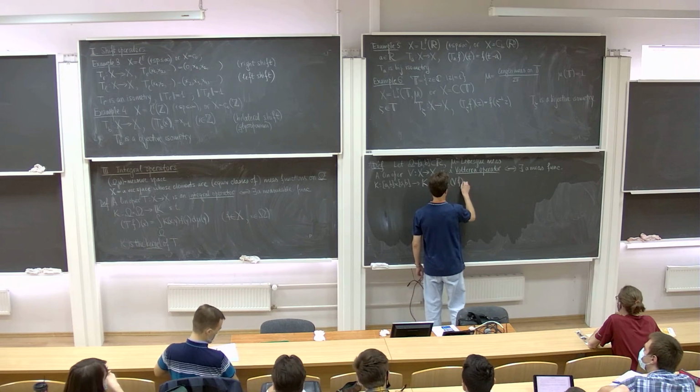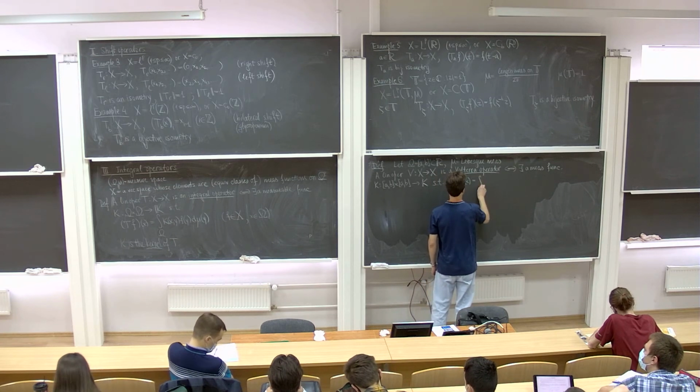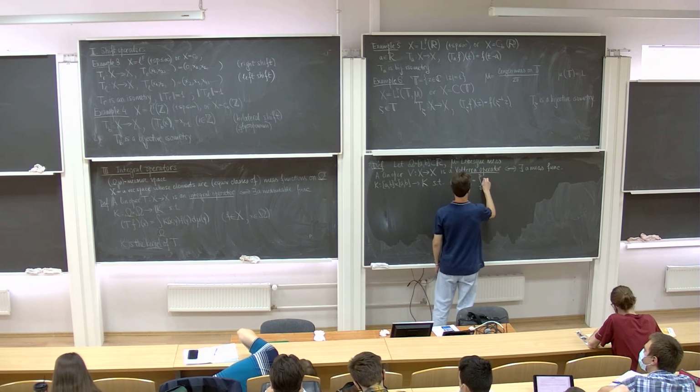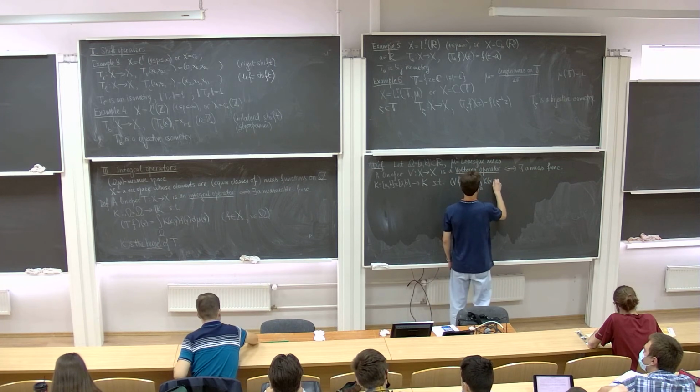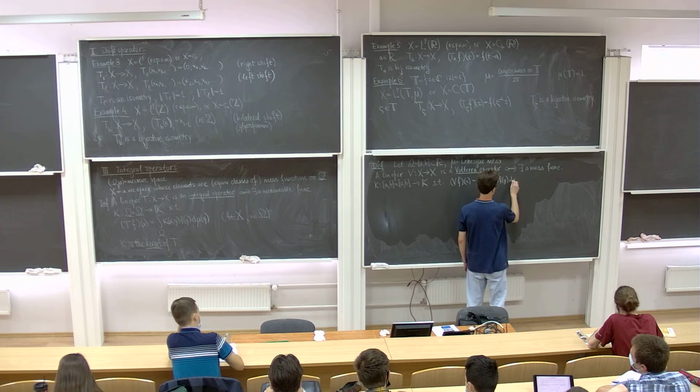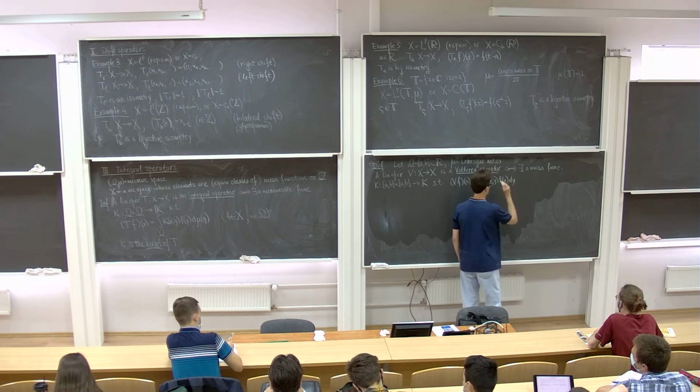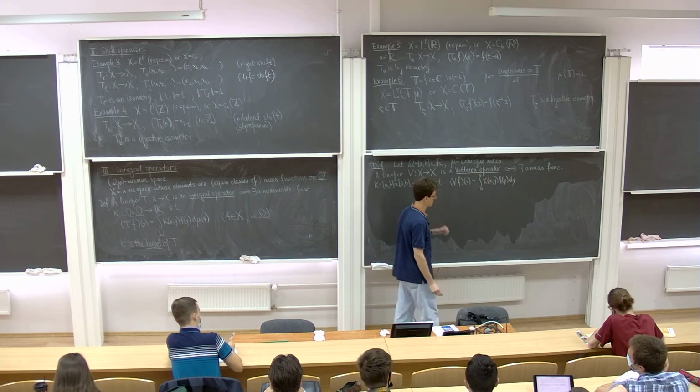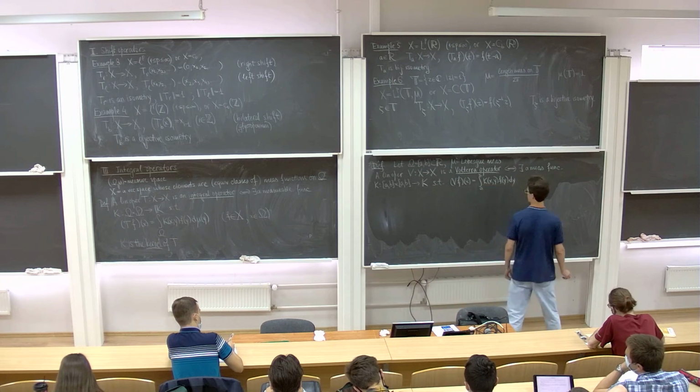Vf of x is the integral from a to x of K of x y times f of y dy. As usual, since we integrate over the Lebesgue measure, we suppress the explicit notation for mu.